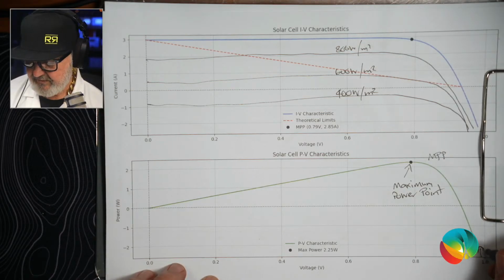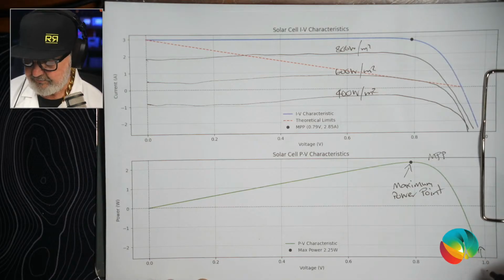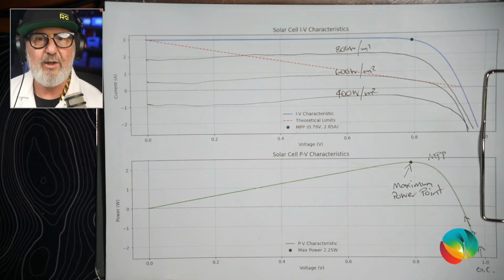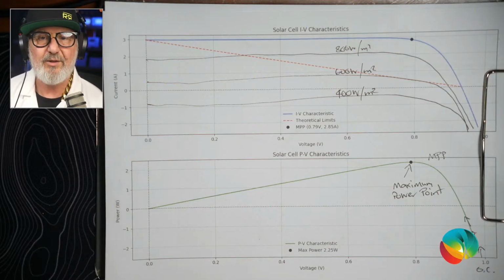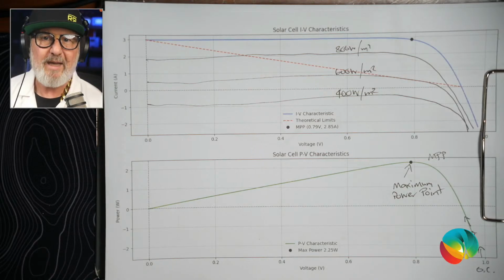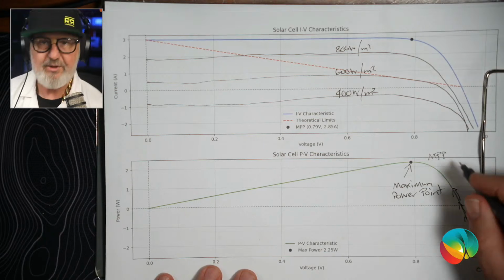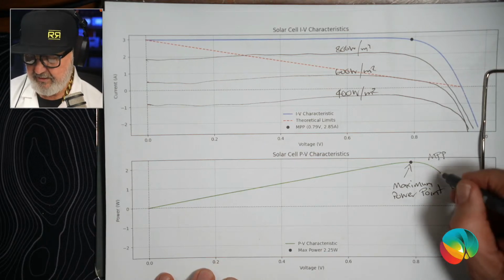So it starts here at open circuit. We'll call this open circuit conditions, and it then starts tracking along this line. What it's doing is lowering the voltage and seeing if the current increases. And it's doing a very clever thing. It's going volts times amps equals power. Am I getting more power? If yes, keep going, keep going. So that's the perturb and observe phenomenon.